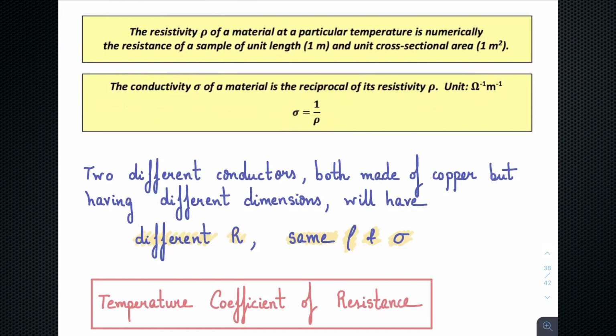You must know therefore that resistivity is a property of a material, whereas resistance is a property of a particular object. So for example, if we have two different conductors, both made of copper but having different size and shape, these will have a different R, a different resistance, but the same resistivity and conductivity.